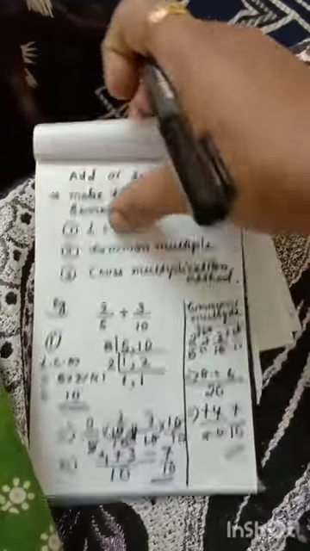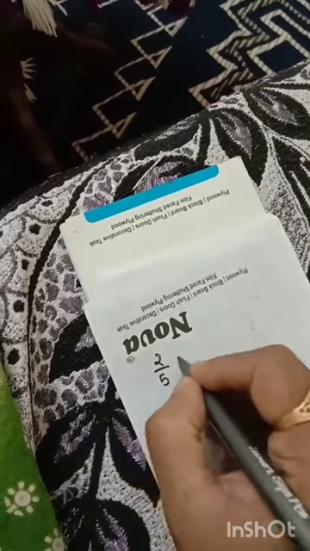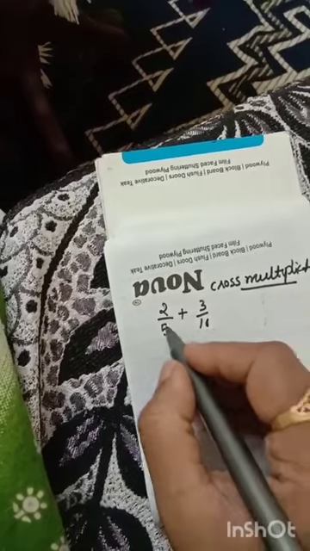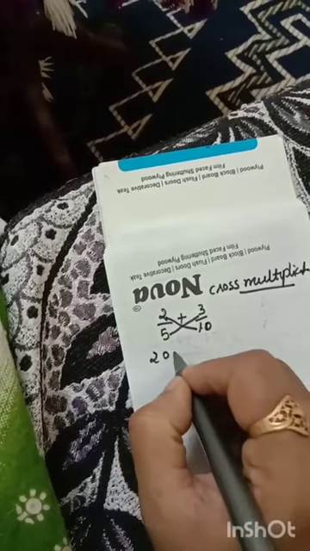Okay. Now 2 by 5 plus 3 by 10, cross multiplication method. Cross, you multiply. 2 10 are 20, 5 3 are 15.